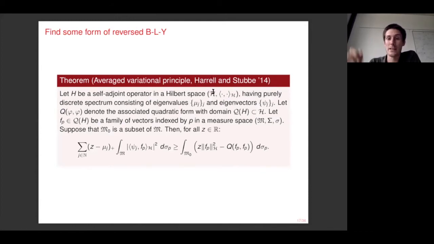And somehow the idea inside this variational principle can be traced back to the work of Kröger on upper bounds for the Neumann Laplacian.